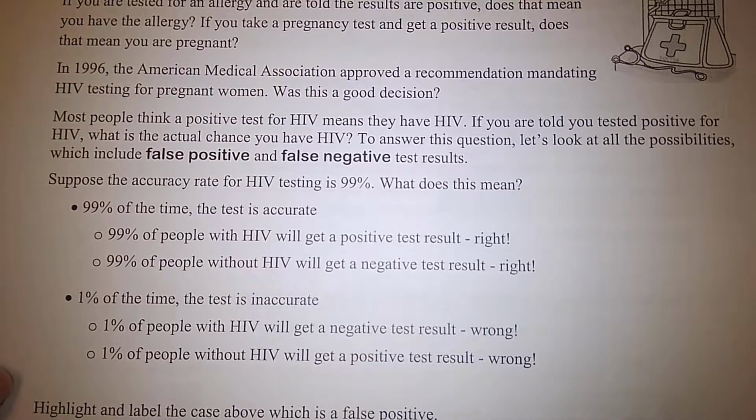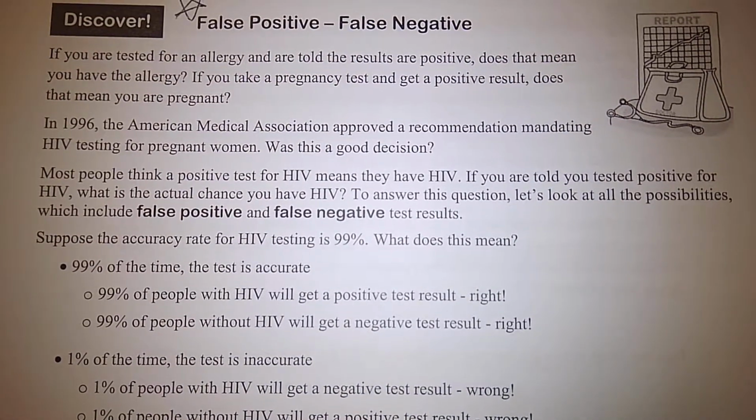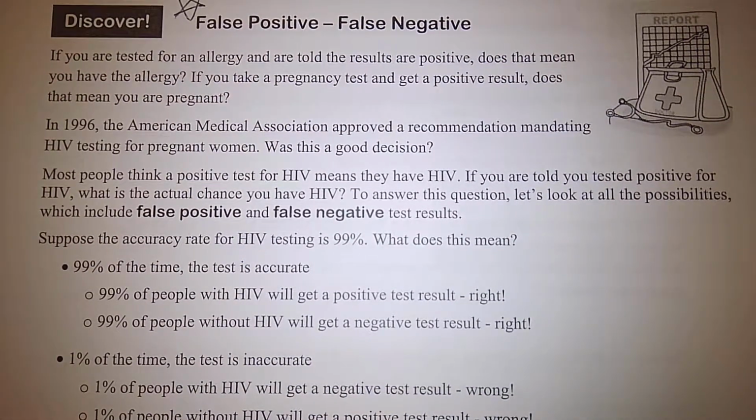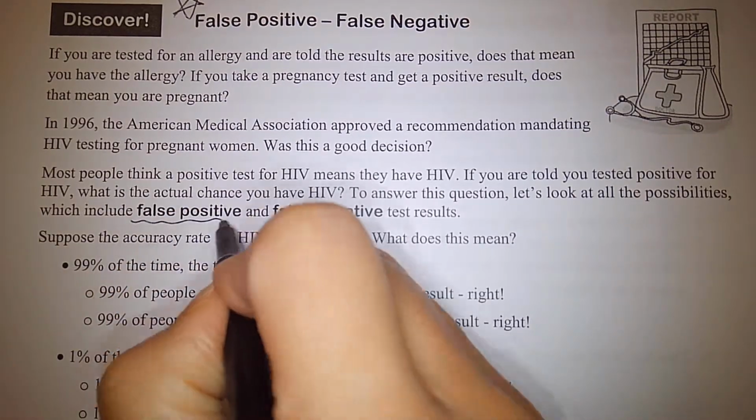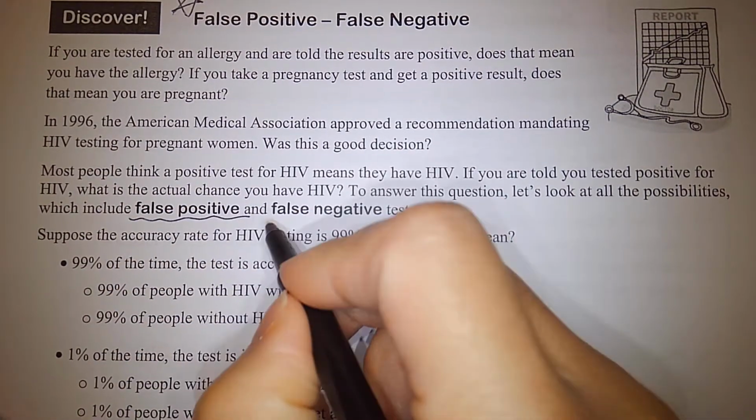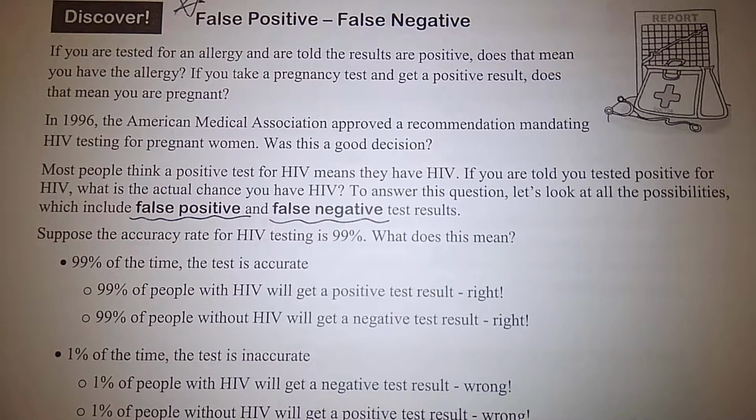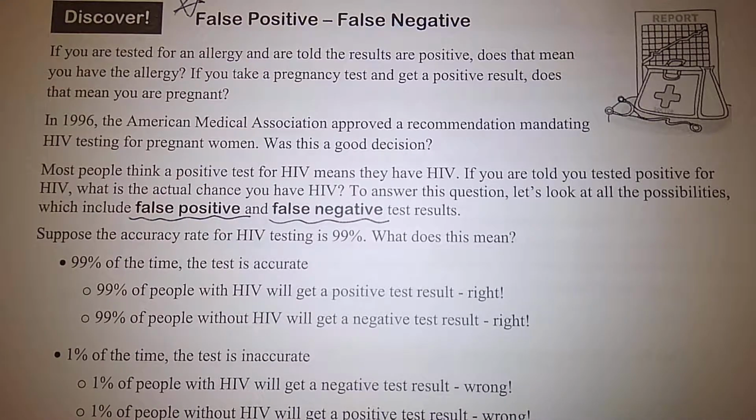Good, very good. So we have to understand false positive and false negative. Let's talk about false positive first. What does false positive mean? Let me use an example of getting an HIV test. If your test turns out to be positive, it doesn't mean you definitely have HIV. The result is positive, but eventually you don't have it.